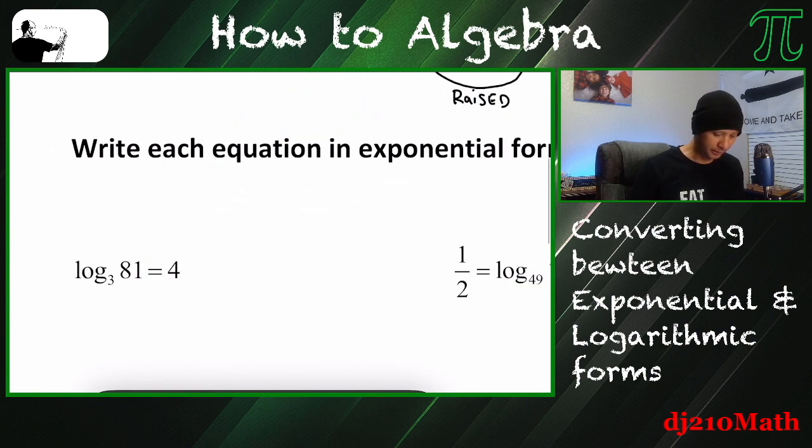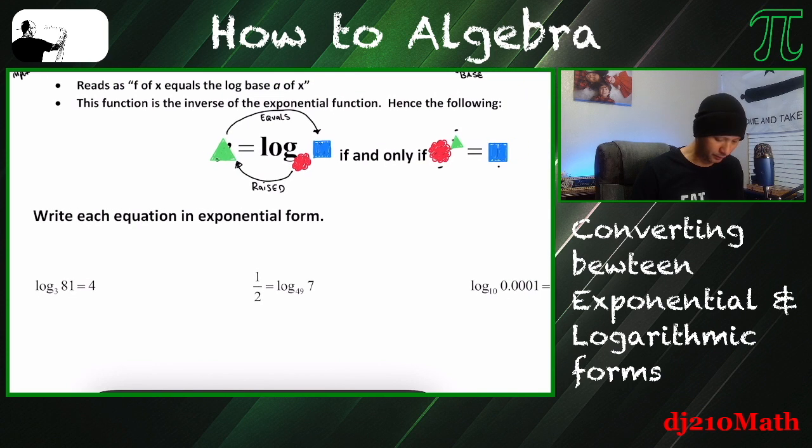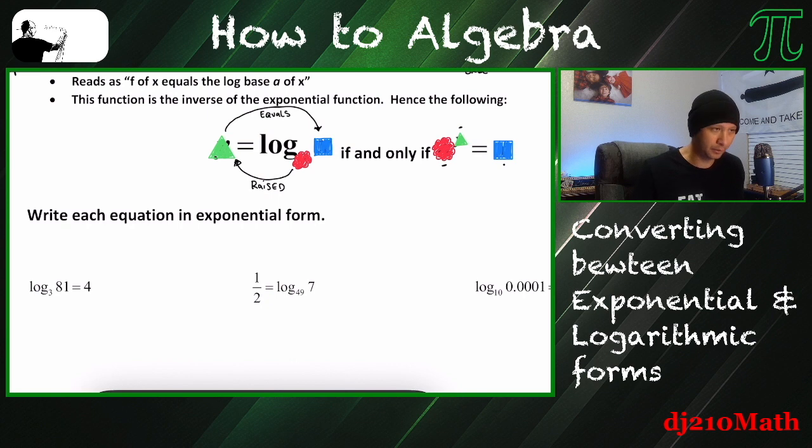So log base 3 of 81 is equal to 4. Again, there are 2 ways of doing this, right? If you're the analytical type and you can put this together quickly without all the shapes, you can kind of see it: 3 raised to 4 equals 81. See the little swirl? This swirl is going to happen every time you have a log.